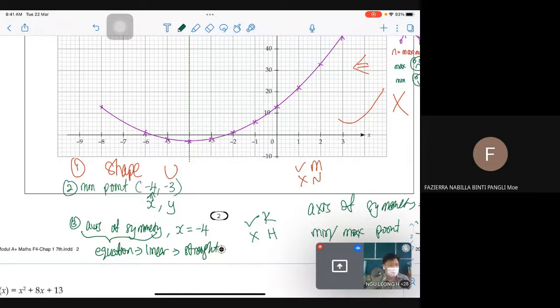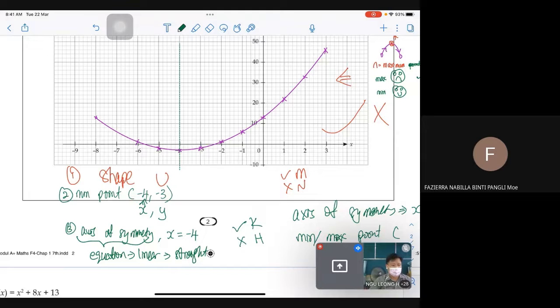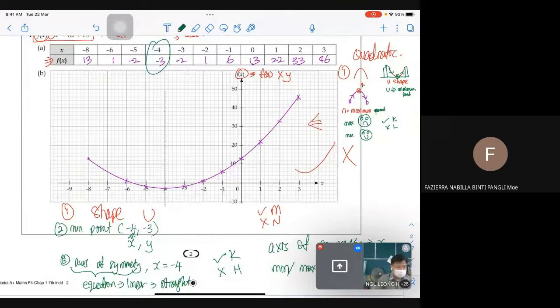Okay, now everyone, can you please look at my camera? Okay, you see, now we get the axis of symmetry like this, right? Vertical line, right? Is this vertical? If yes, reply me V. Okay, so the line like this is horizontal, right?